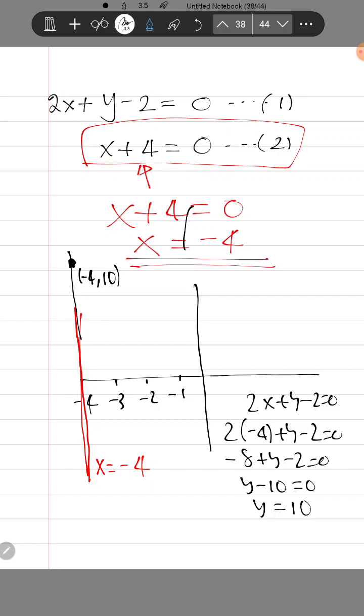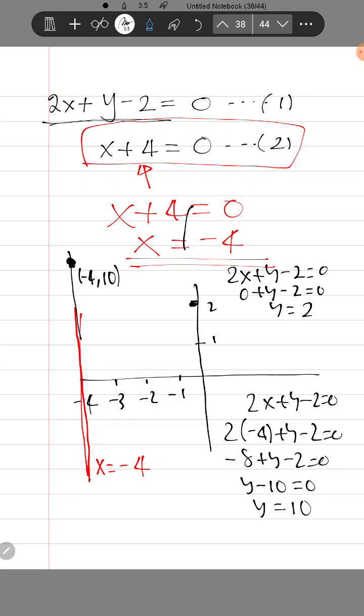Okay, let's take that graph again and try to find out the y-intercept. We have one point on this graph. Let's get another point on that graph. 2x plus y minus 2 is equal to 0. For the y-intercept, we have to give 0 for x. 0 plus y minus 2 is equal to 0. y is equal to 2. Here.